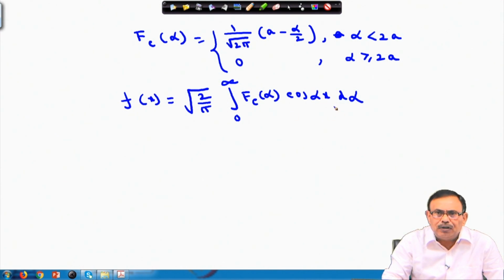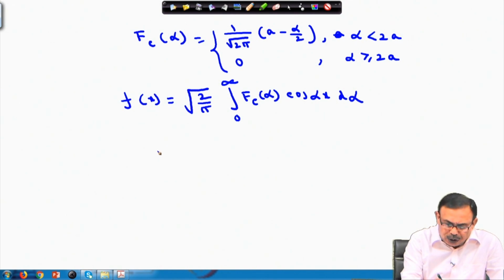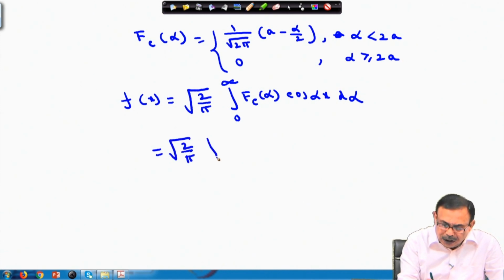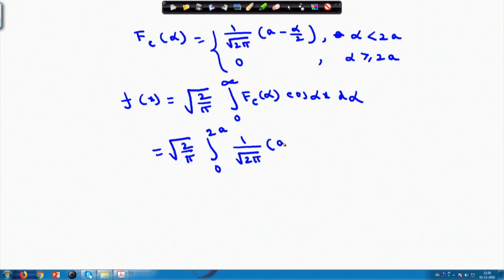So, once I have obtained this, now I know Fourier cosine transform of the function is 1 by root over 2 pi a minus alpha by 2 when alpha lies between 0 to 2a only. So, you can write down this one as root over 2 by pi, 0 to 2a, 1 by root over 2 pi into a minus alpha by 2 into cos of alpha x.